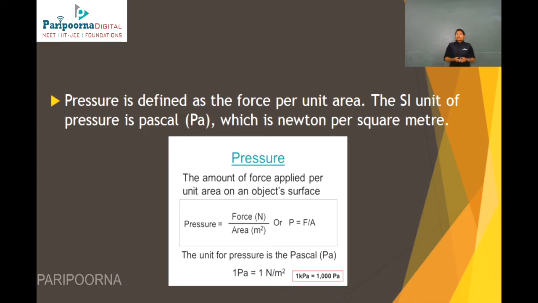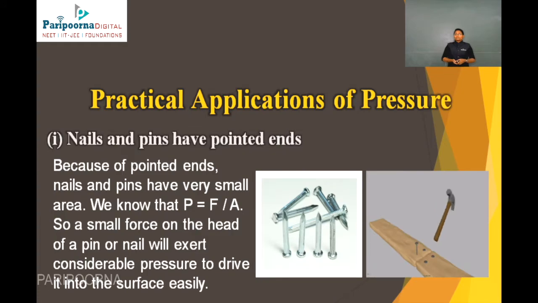The SI unit of pressure is the Pascal, represented as Pa, which is Newton per square meter. The formula for pressure is force by area, that is P equals F by A. So let us see some practical applications of pressure. Nails and pins have pointed ends.